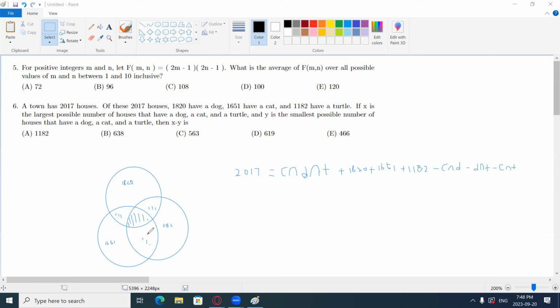Why? Because the maximum amount of houses we can fit into these three areas would be 2017, because there are only 2017 houses in this whole thing.